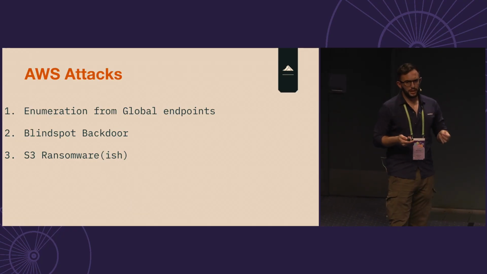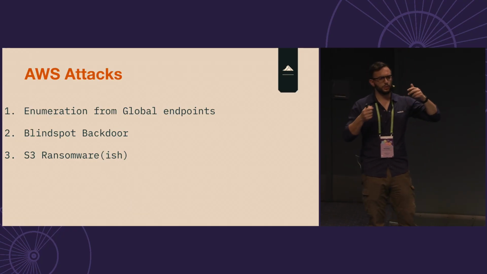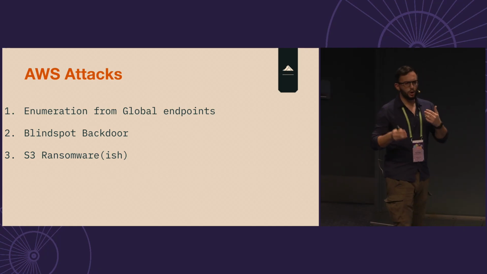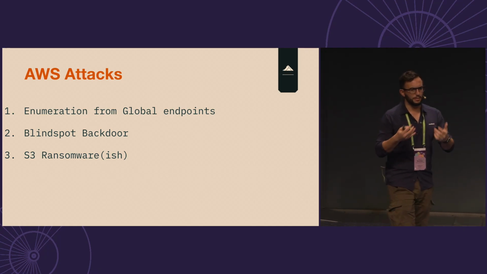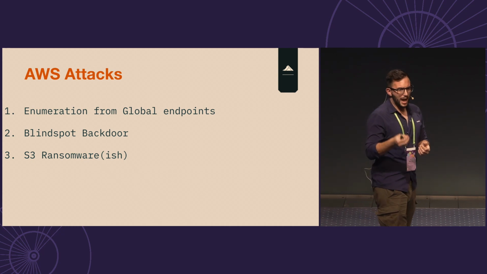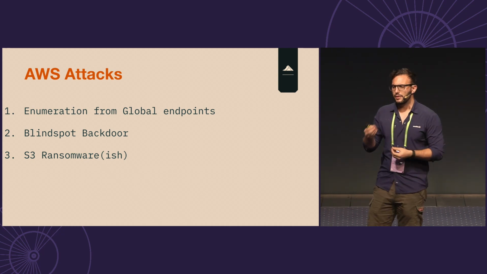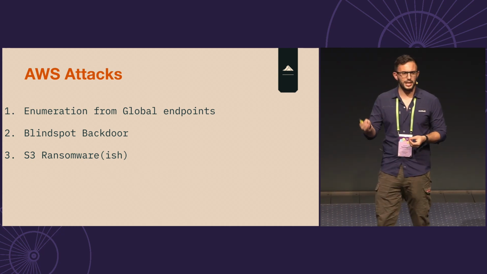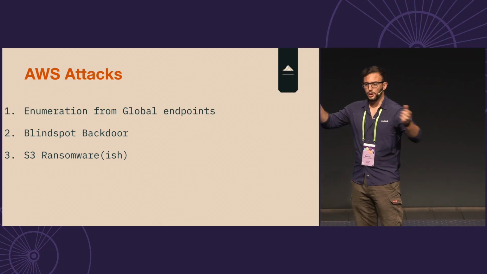So we are going to do three things. First of all, we are going to enumerate and work with something called global endpoints. A global endpoint is an API that I can access from different regions, because AWS has data centers around the world.